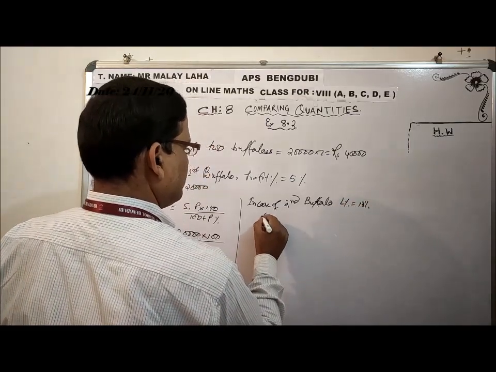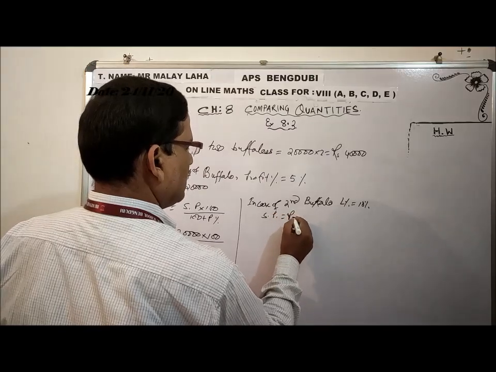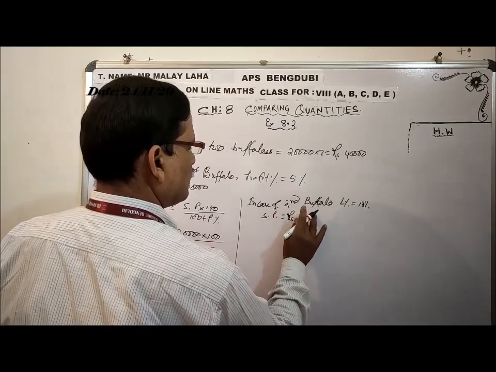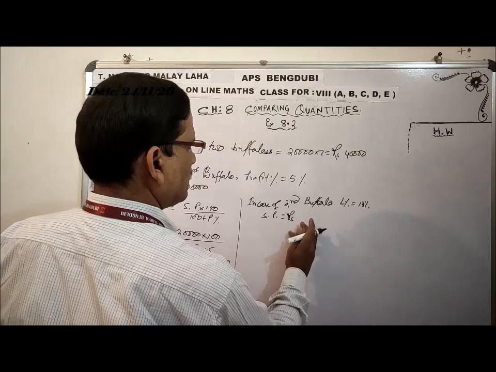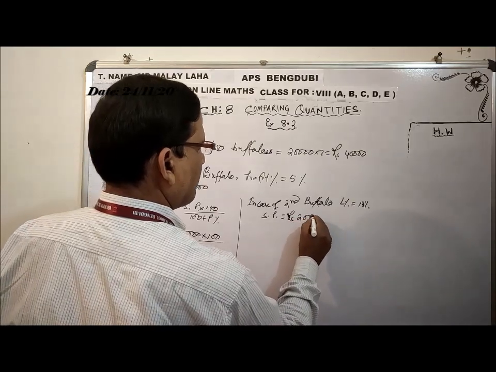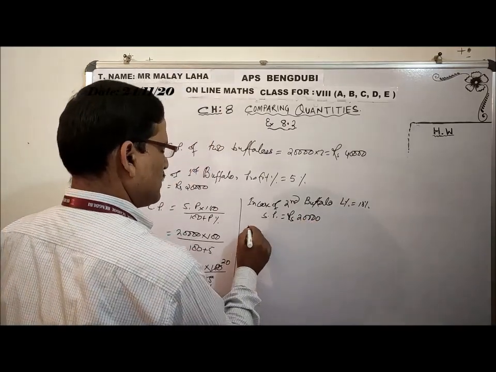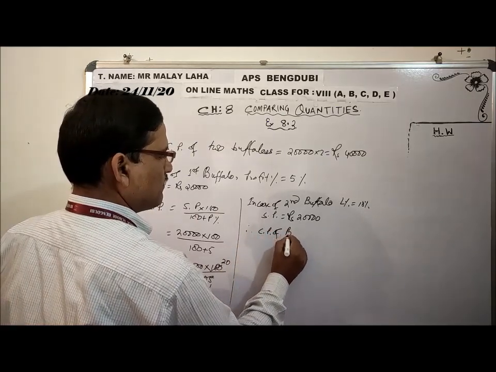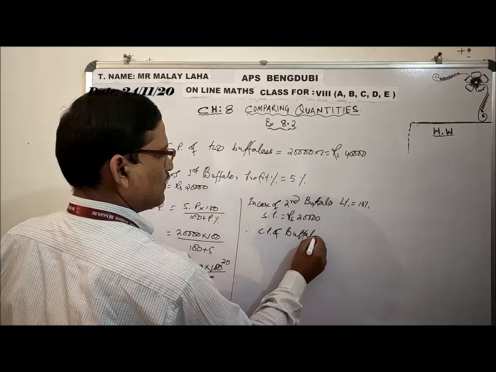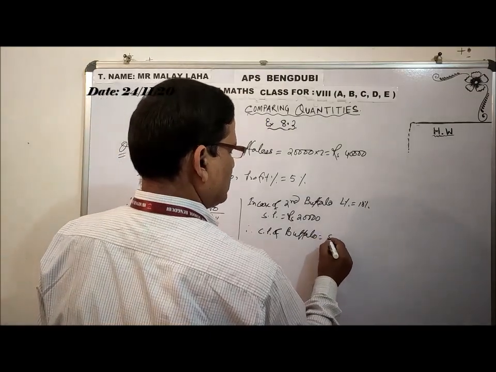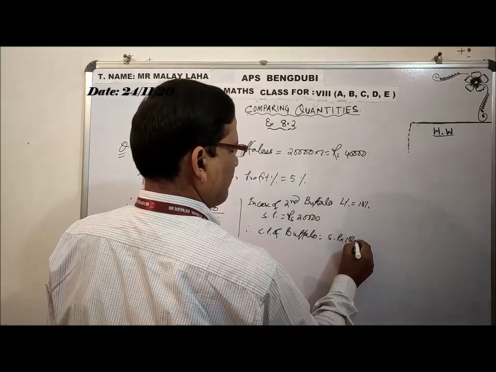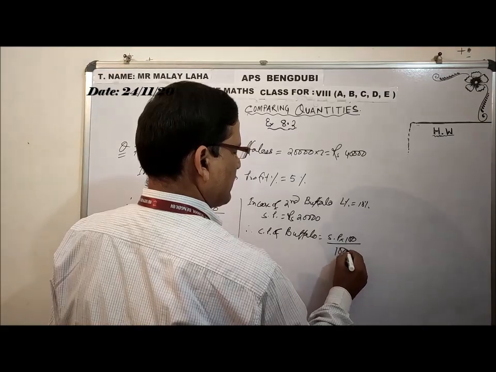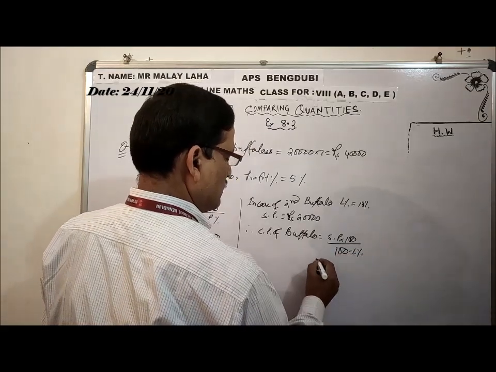SP equals 20,000. Therefore, CP of the buffalo is equal to SP into 100 by 100 minus L percent.